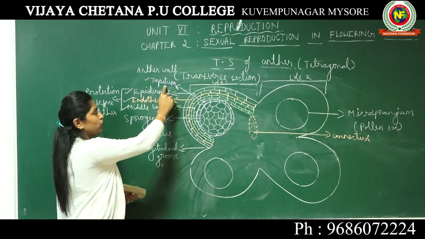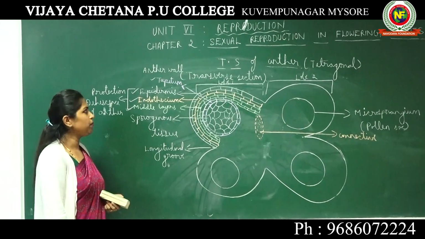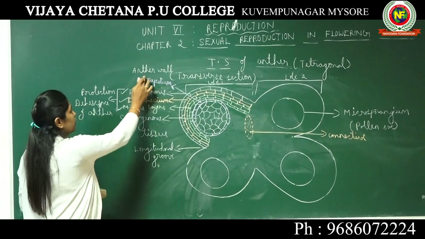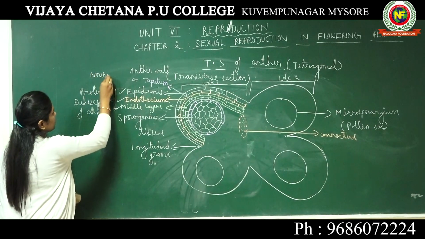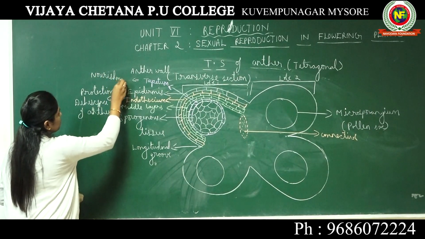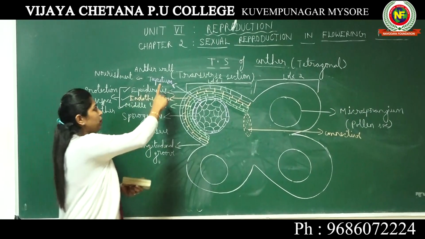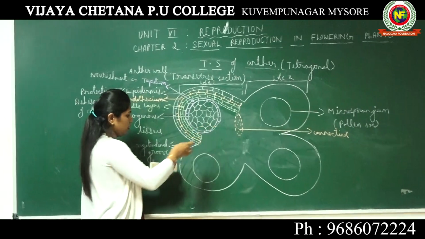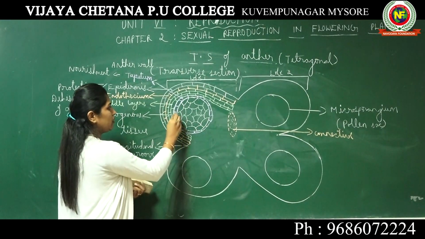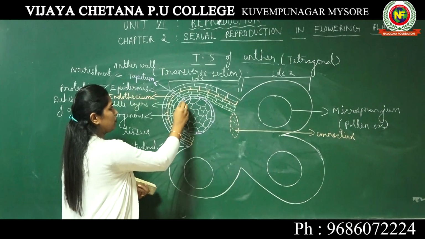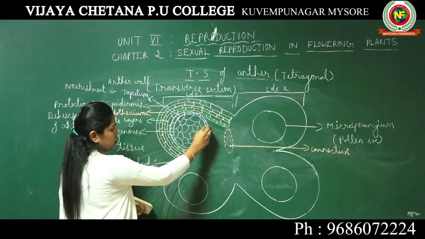Then what is the function of this innermost layer called as tapetum? The function of tapetum is to give nourishment. This layer has dense cytoplasm in it and they are multinucleated. That means they have more than one nucleus in their cytoplasm.